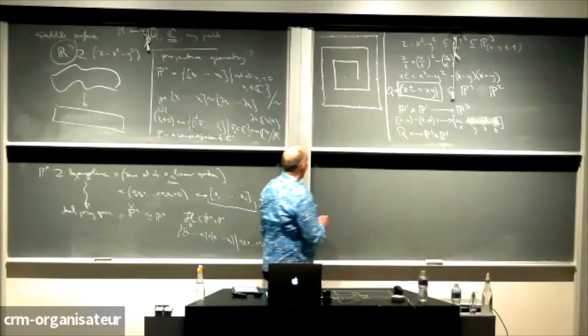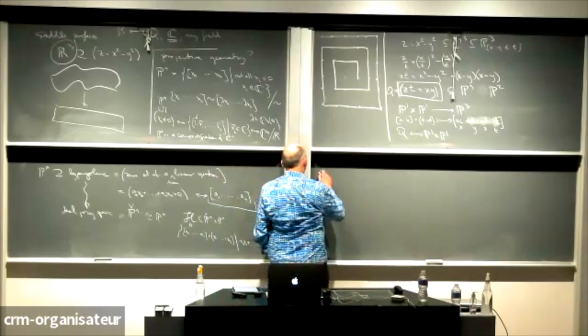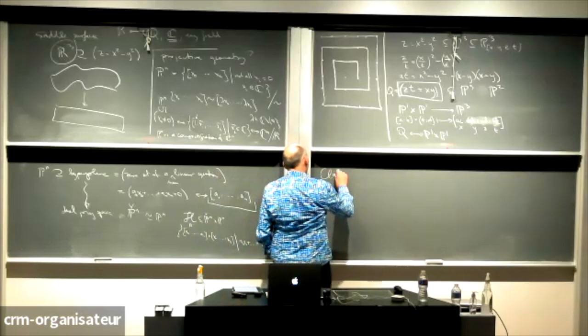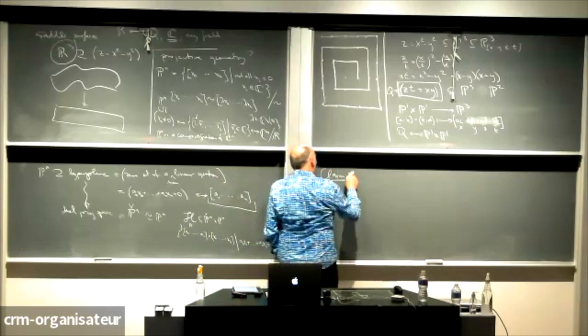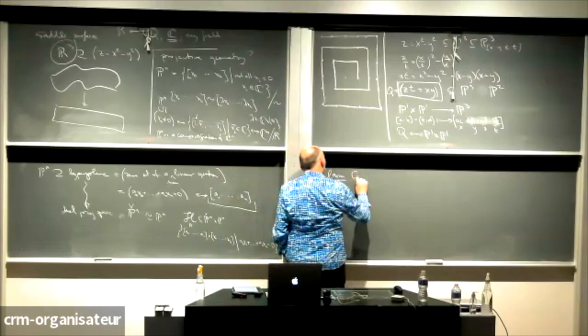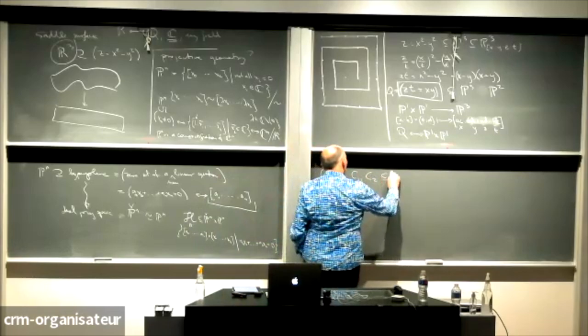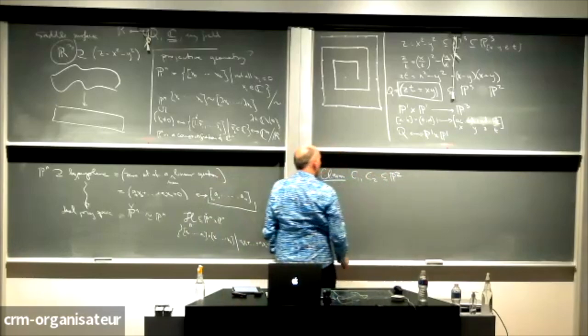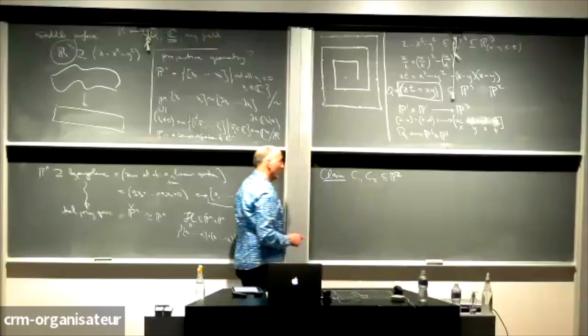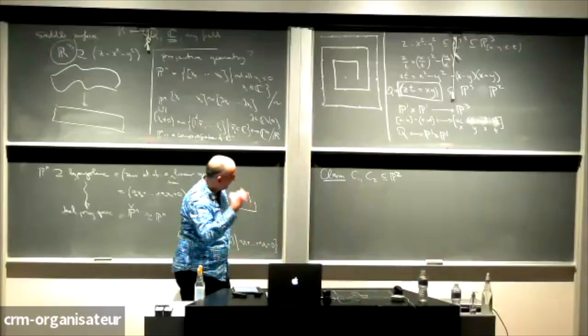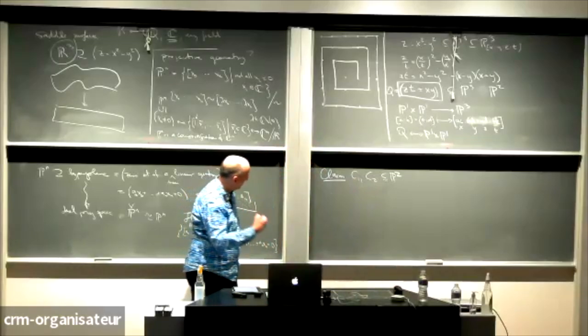So here's a little bit of computation, or here's a claim. If I take two curves in P2, by that, so this might be an algebraic geometer's point of view.